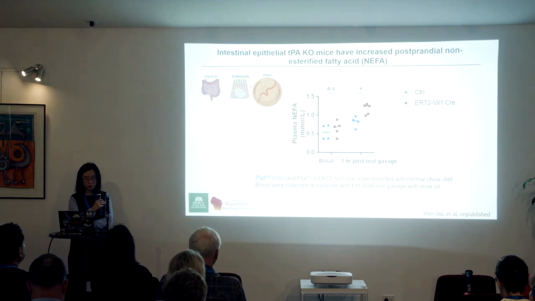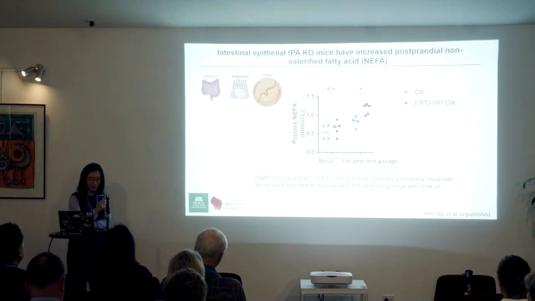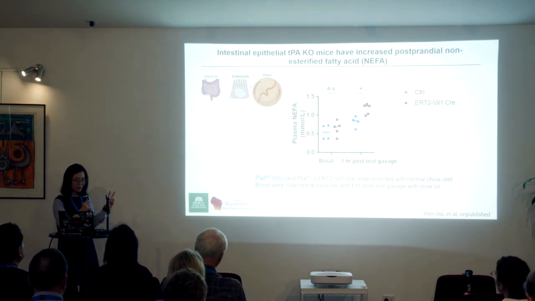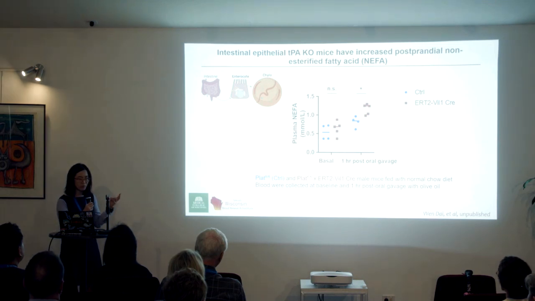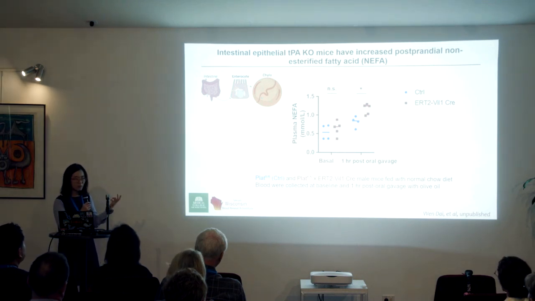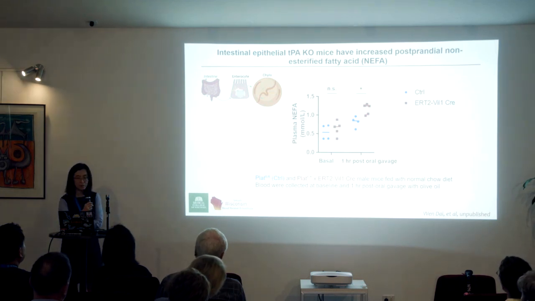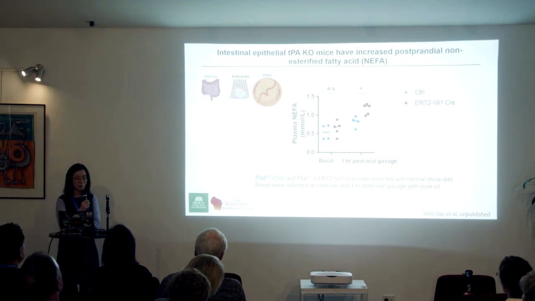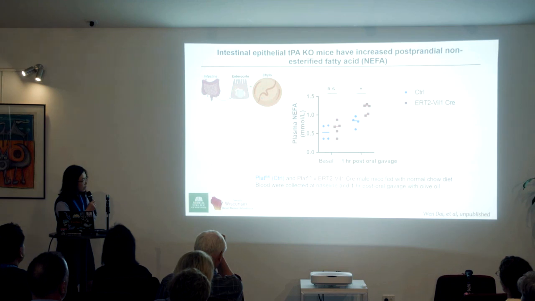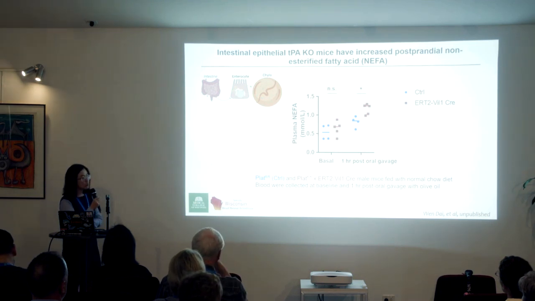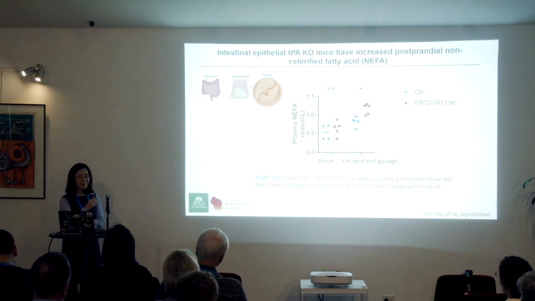Then he's answering another question: there are actually two major types of ApoB-containing lipoprotein particles. One is the VLDL and its subsequent LDL particles. Another major one is the chylomicron, which is only made in the intestinal epithelial cells. So the question is, what's the role of TPA in chylomicron assembly?